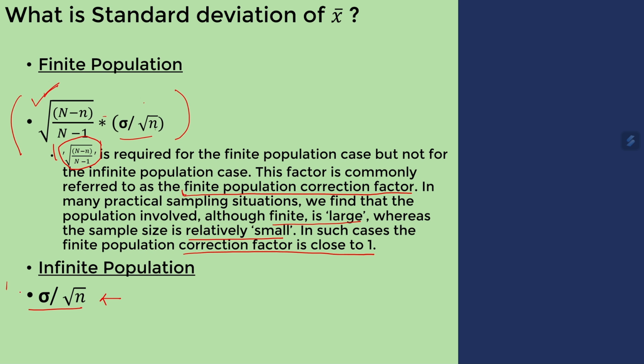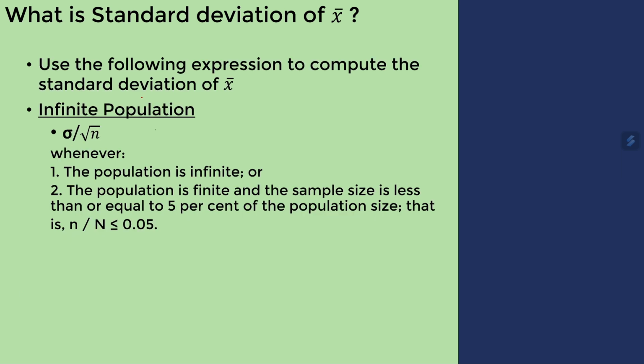Okay, moving on. This is a terminology to remember, an important factor when we are studying sampling distribution. So what it says: we use sigma by root n, as mentioned over here, in the case of infinite population.